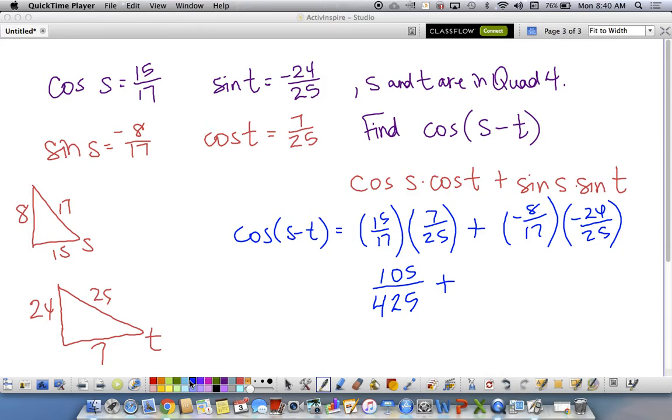So 8 times 24 is, was it 292, did you say? 192. Okay, 17, we have the same. So 105 plus 192 is 200 and what? 297. 425.